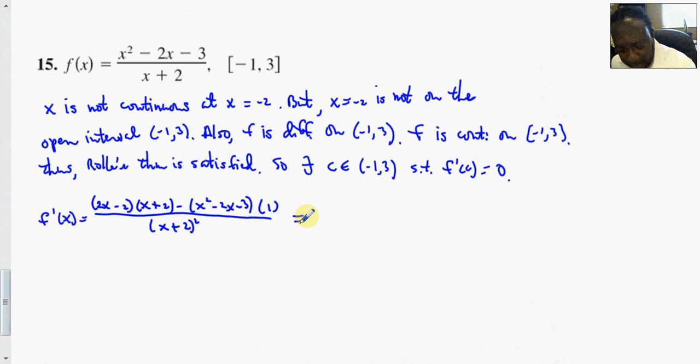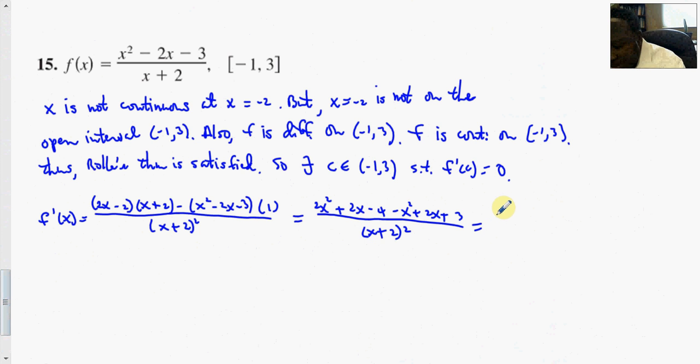We simplify that. So this gives us, let's FOIL this out. So this is 2X squared plus 4X minus 2X minus 4, minus X squared plus 2X plus 3, and that's all over the X plus 2 to be squared.